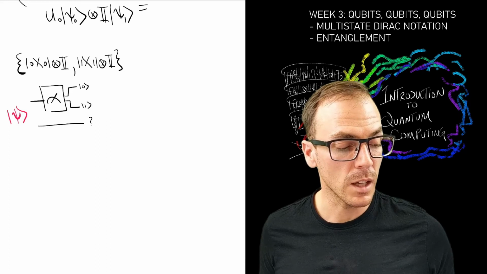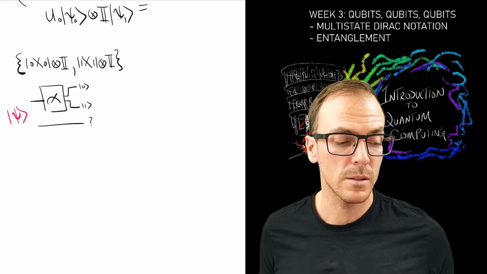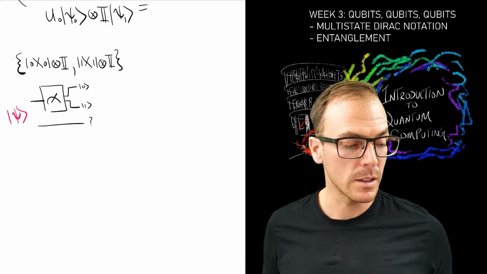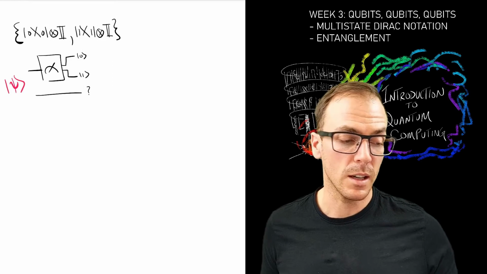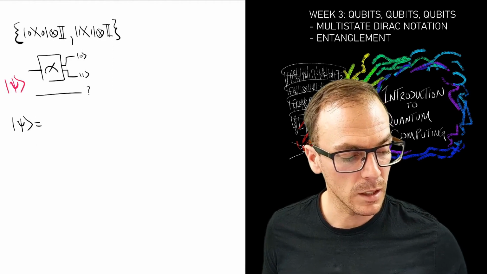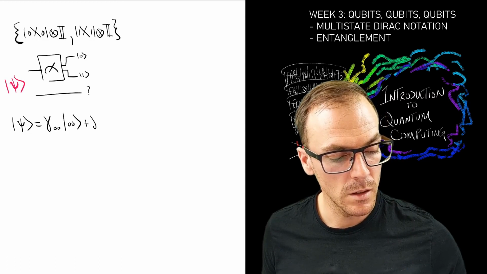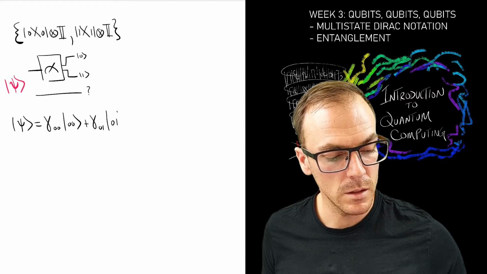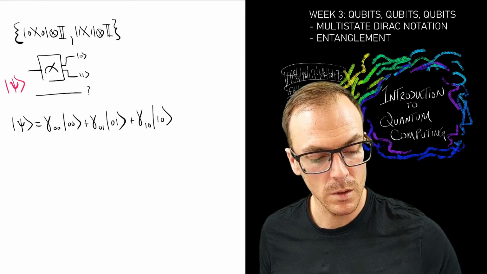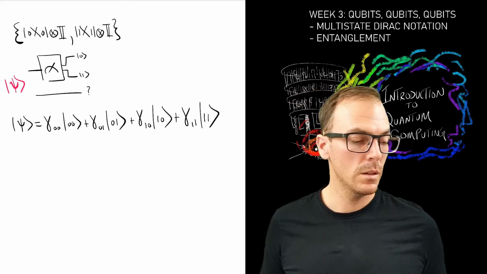In the original case, I would have just ended up with psi 1 on the bottom because I did nothing to it. I completely ignored it. Now I have a potentially entangled state, or just an arbitrary state. So remember, that looks like, use gammas, gamma 0 0 |00> plus gamma 0 1 |01> plus gamma 1 0 |10> plus gamma 1 1 |11>.